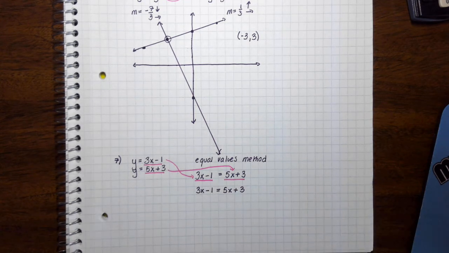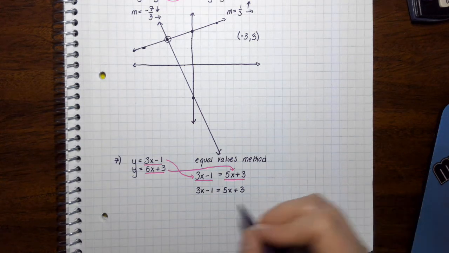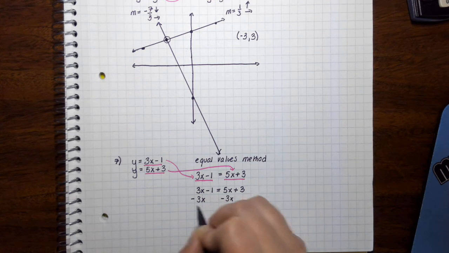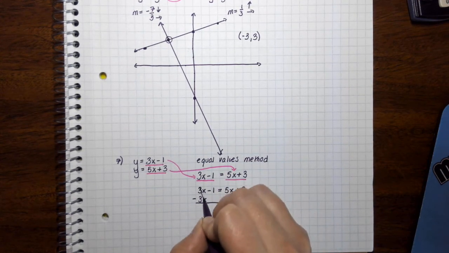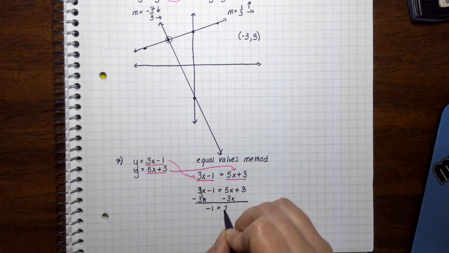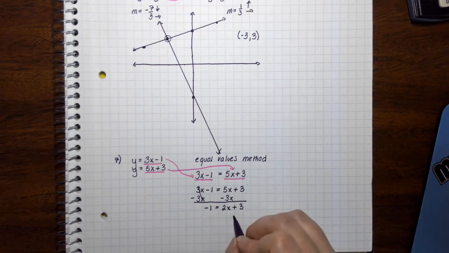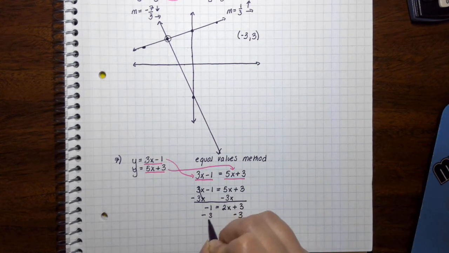And then you have an equation to solve, just like we've been working on all year. Okay, so the first thing I'm going to do is minus 3x from both sides. And then minus 3.